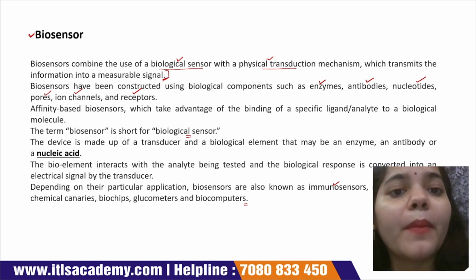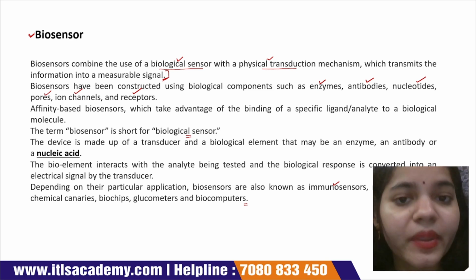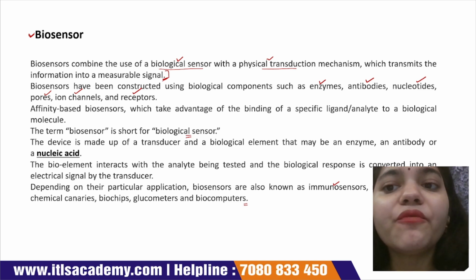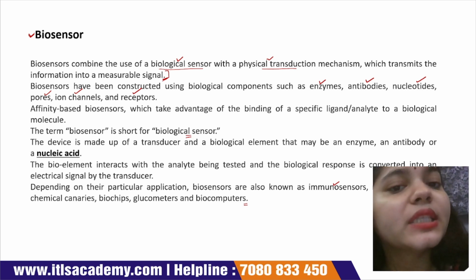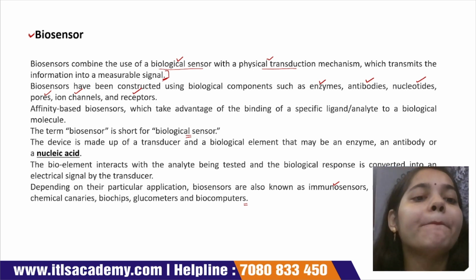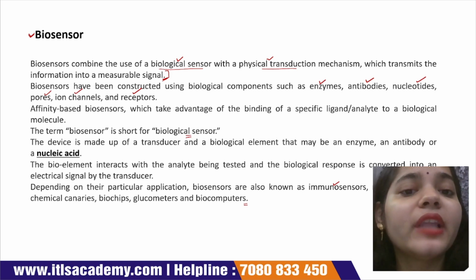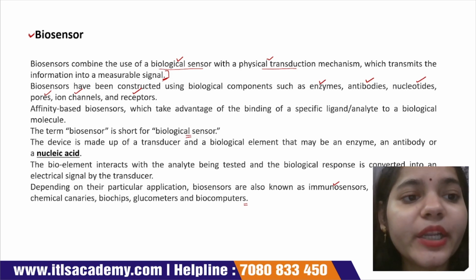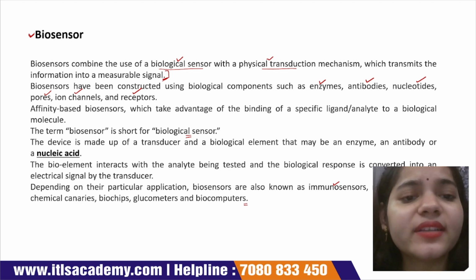Transduction will convert the biological signal into an electrical signal. With the help of this physical transduction machine, we transmit the information as a measurable signal. These biosensors are constructed with biological components, for example enzymes, antibodies, nucleotides, receptors, ion channels, etc.